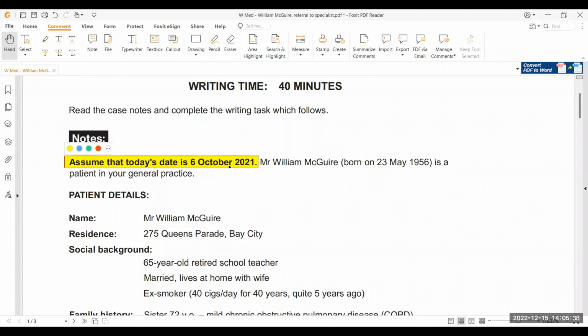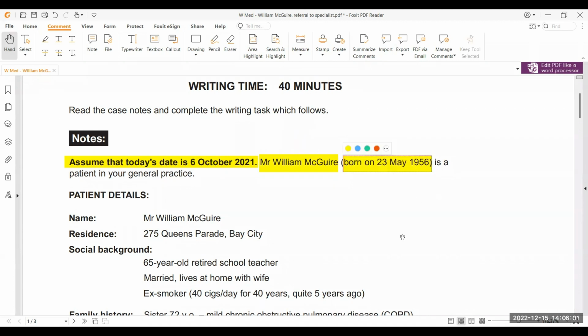If you've taken the test prior to this update, you can now see which date OET wants you to use for the letter. In this example, the patient is a Mr. William McGuire, and the introduction also gives you his date of birth, 23 May 1956.